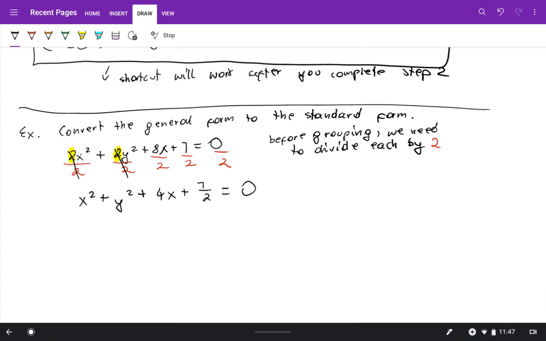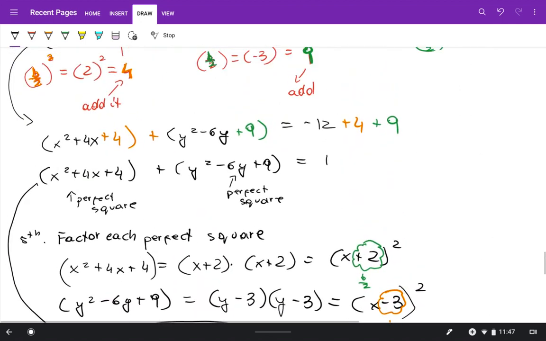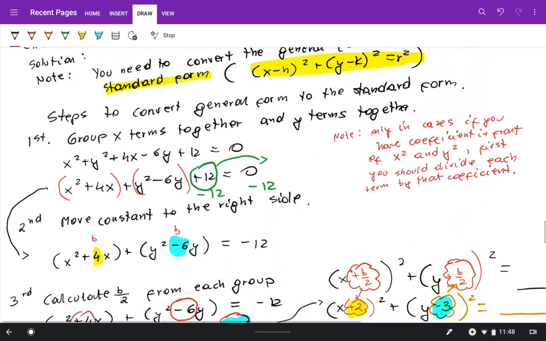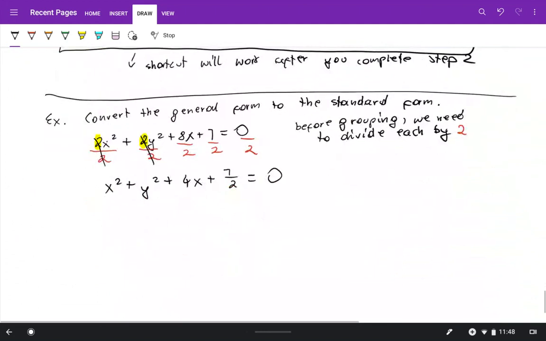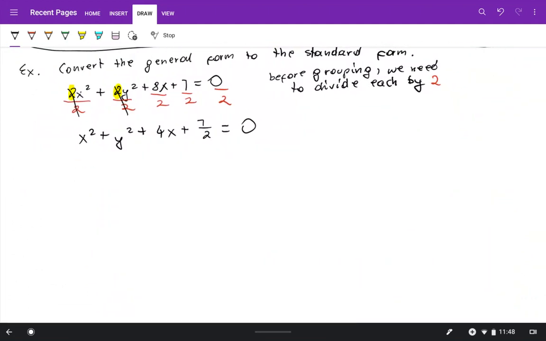Now we don't have any coefficients in front of x squared and y squared, so I'm moving to all the steps which I gave you. Now I'm ready to group x terms and y terms together. We put x terms together in parentheses: x squared plus 4x.